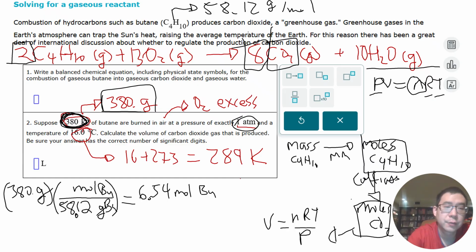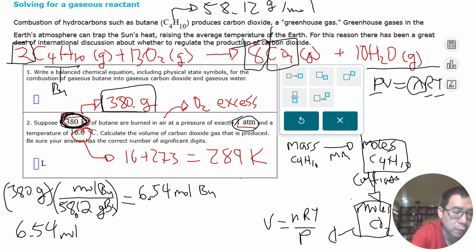Then that's the C4H10, right? This is butane. So that got me from here to here. Now I'm going to use the coefficients like I learned how to do in chapter 3 and get from moles of butane to moles of CO2. For every 2 butane, I use 8 CO2. The way I like to think about it is I take the moles of what I have, remember, this is the butane.